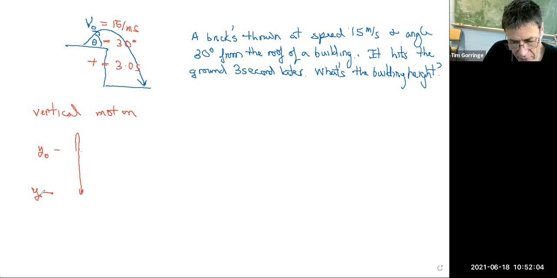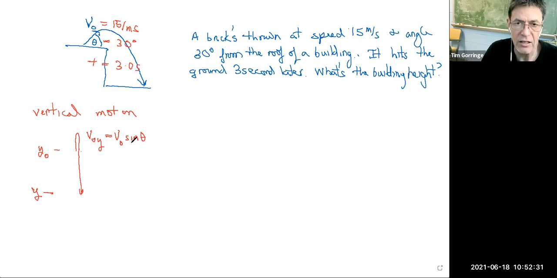And then V naught Y is the initial velocity in the vertical direction. Now, it's a portion, a piece, a part of the total initial velocity of the thrown brick. The piece is V naught sine theta.